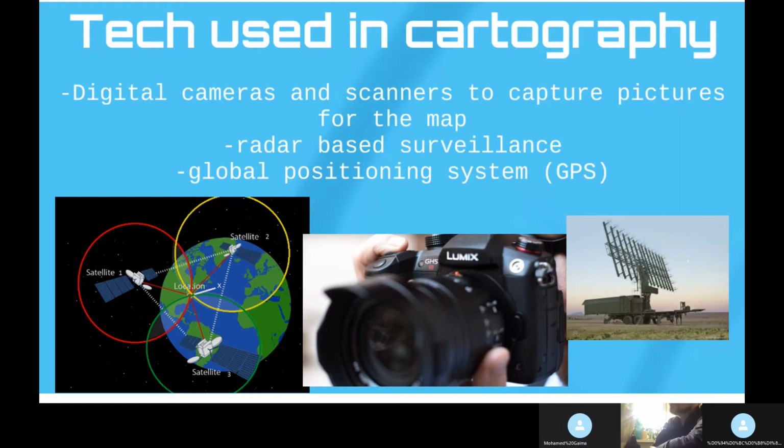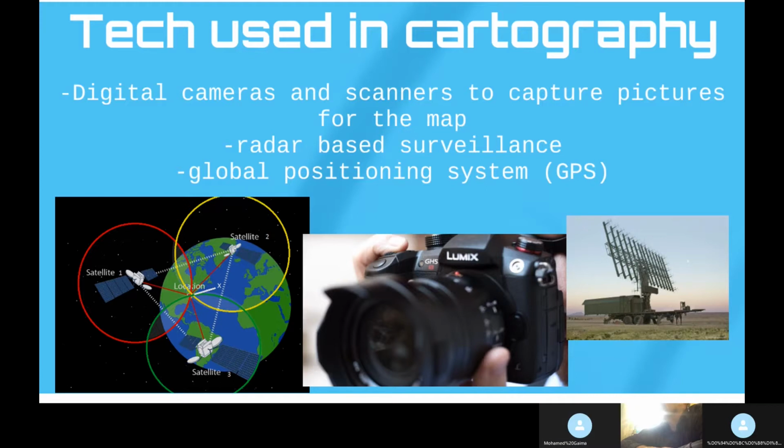Speaking about technologies, nowadays these spatial technologies are developing rapidly. Digital cameras, face scanners, radar equipment, and of course global positioning systems.